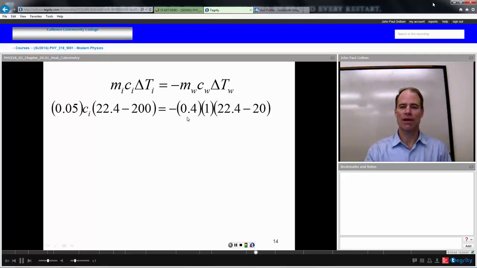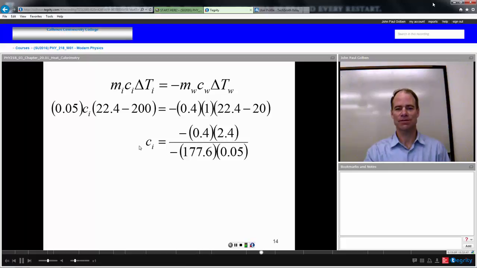Over on the right, we have negative the mass of the water, which was 400 grams. The specific heat of water is 1 calorie per gram per degree Celsius, so we're using 1. Our final temperature is 22.4, and we start with a temperature of 20, so that's going to be a positive change in temperature.